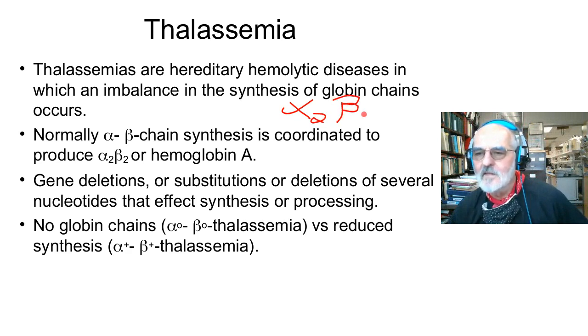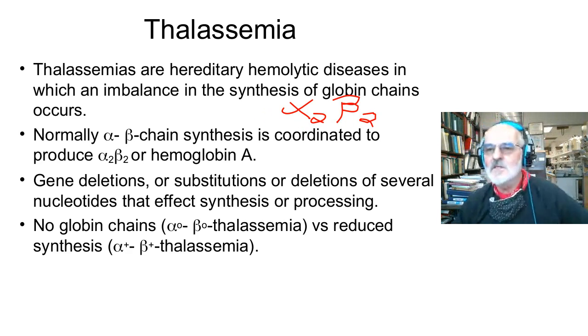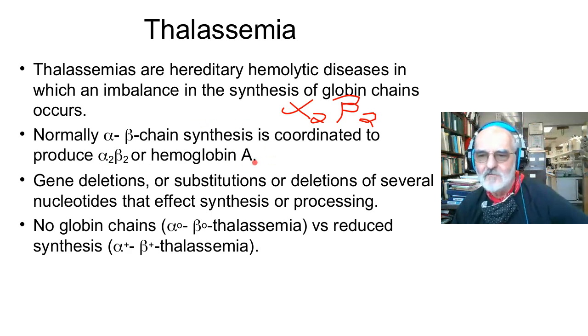And the assumption is that these 2 chains get expressed, synthesized in equal amounts so that you can make tetramers. And if there's an imbalance in the amount of alpha or the amount of beta, then you can't form normal tetramers, okay? And so you can't form normal amounts of hemoglobin A, okay?